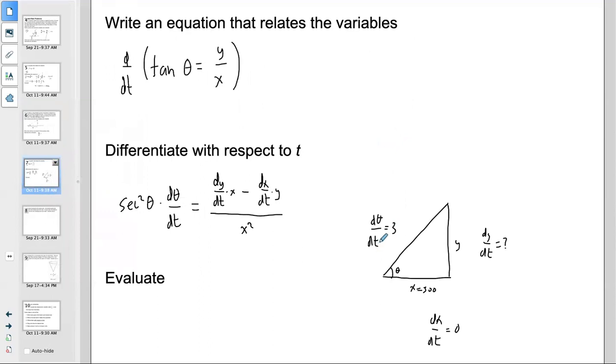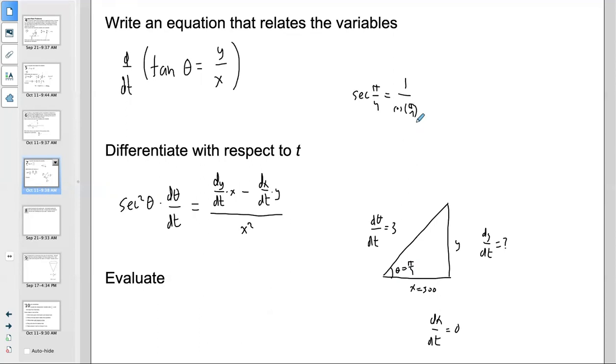So, okay. So secant squared theta. So theta is pi over 4. The secant of pi over 4, let's see. Secant pi over 4 is 1 over cosine pi over 4. Pi over 4 is 45.